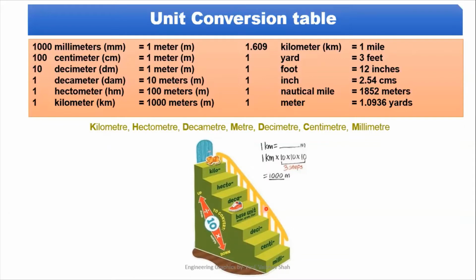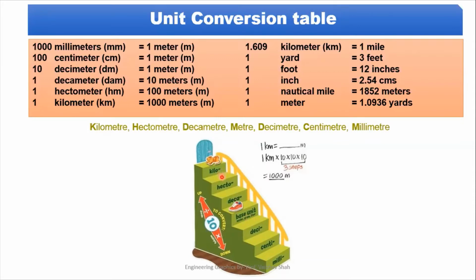Now let us suppose we have to convert 1 kilometer into meters. What is the procedure? How will we use this staircase? Right now we are here. As you can see, look at the cat. The cat is sitting at kilo, which means you are at the kilometers unit. Now you have to reach the base unit, meters, because you have to convert kilometers into meters. So the cat has to step down by 3 steps, 1, 2 and 3, to reach the shoe which is on the base unit.